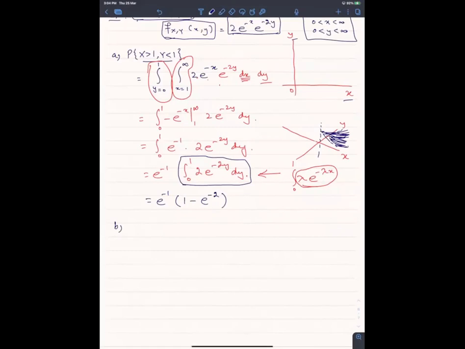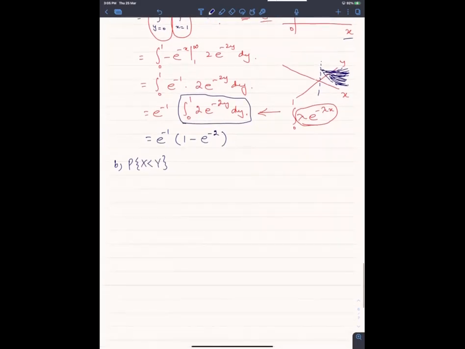Second question about the same problem is, what is the probability x less than y? Okay. Now, we need to be very careful about answering this question because ये एक ऐसा question है जहां पे हमें एक ऐसे रीजन के ऊपर इंटीग्रेट करना है.